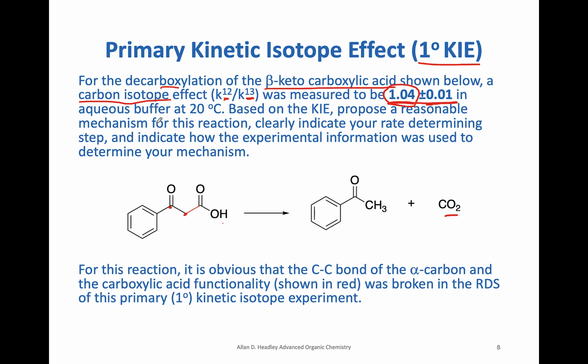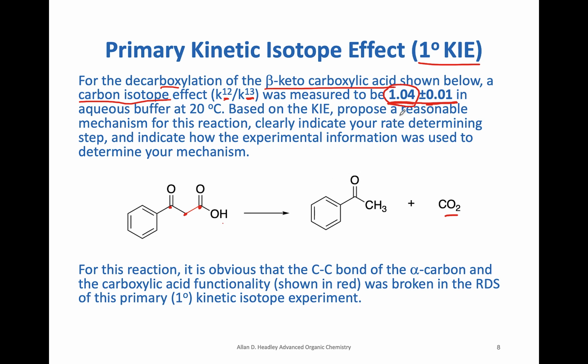the carbon-carbon isotopes here. So for this experiment, one of these carbons, more than likely this carbon here, for the first experiment, was carbon-12, and they measured the rate of this reaction. And in the second reaction, they included carbon-13 here and measured the rate of that reaction.